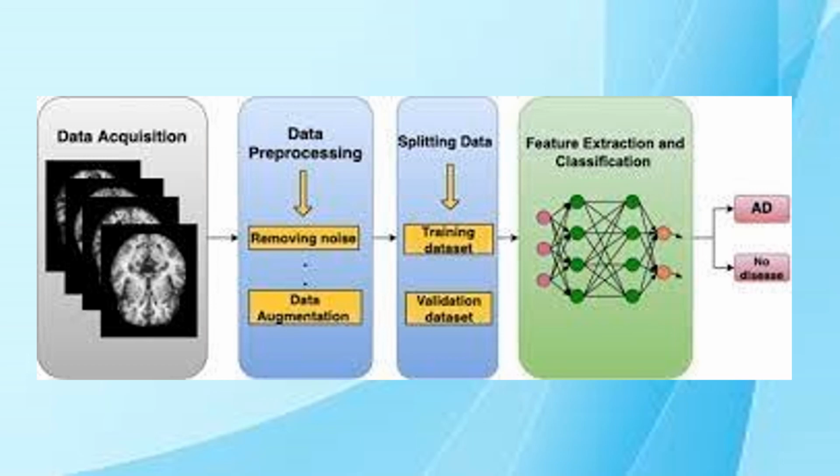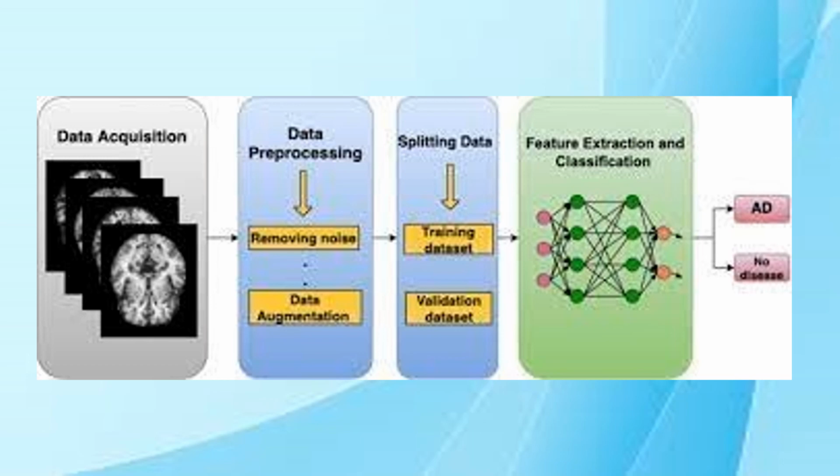I can say training datasets and validation or testing datasets, which will go to feature extraction and classification, and it will go to various neural networks which are used in the deep learning method.